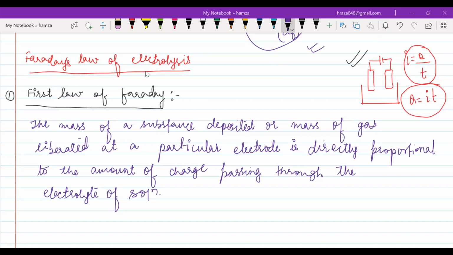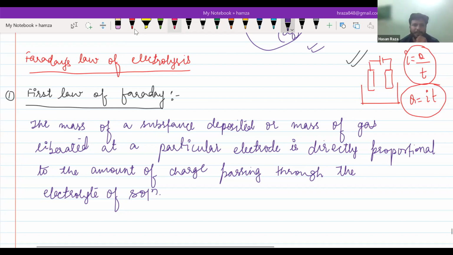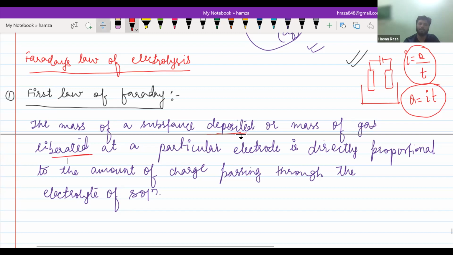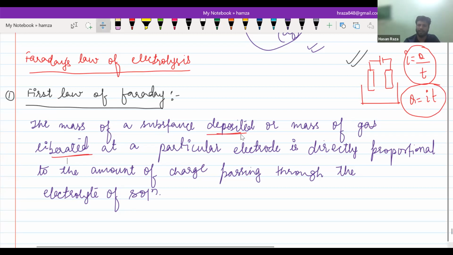According to the statement, you can see mass of a substance deposited or mass of gas liberated at a particular electrode, which will be defined according to the situation, is directly proportional to the amount of charge passing through the electrolyte solution. So it's very easy.